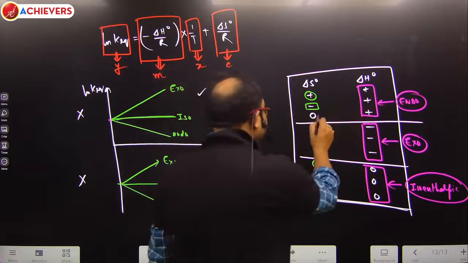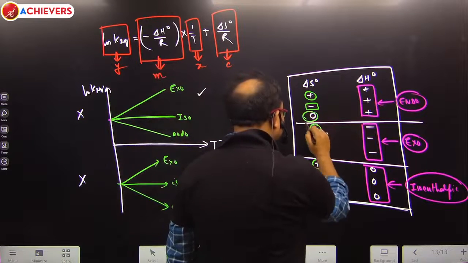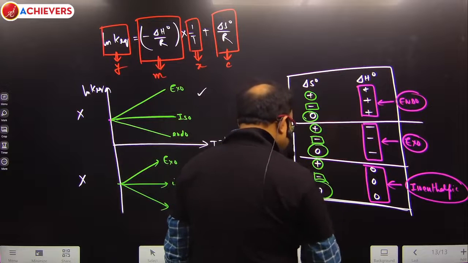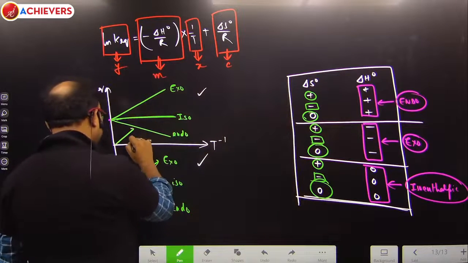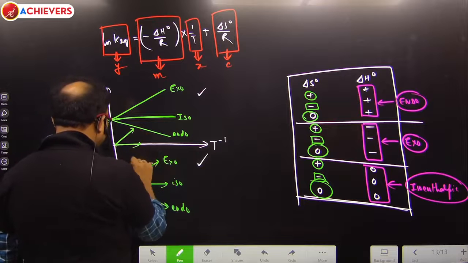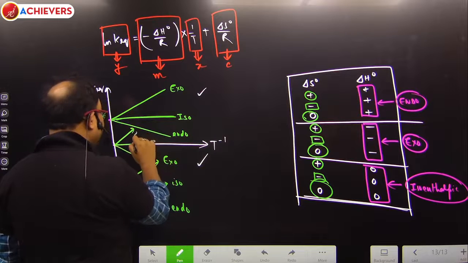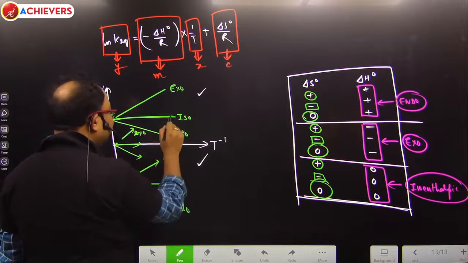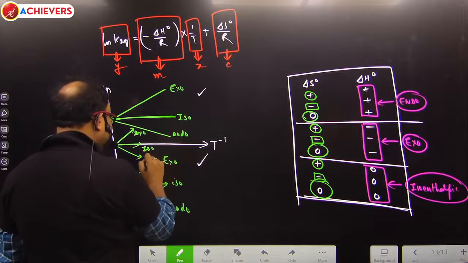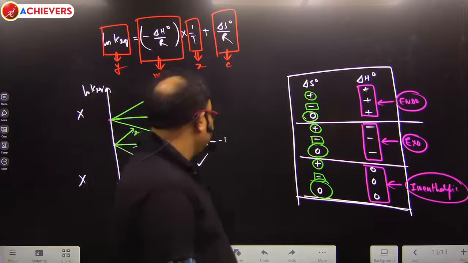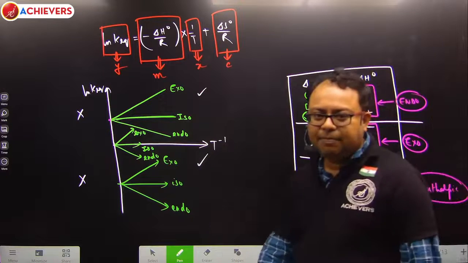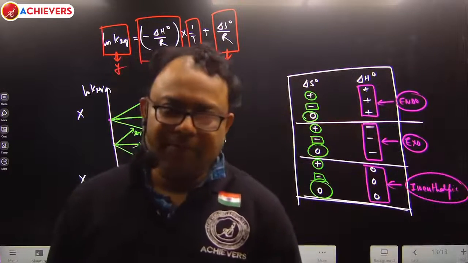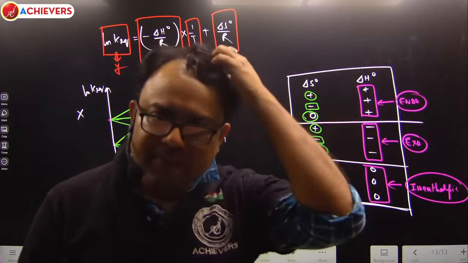And for 0 delta S, again you have the same three options: exo, iso, endo. So these are the 9 possible options.